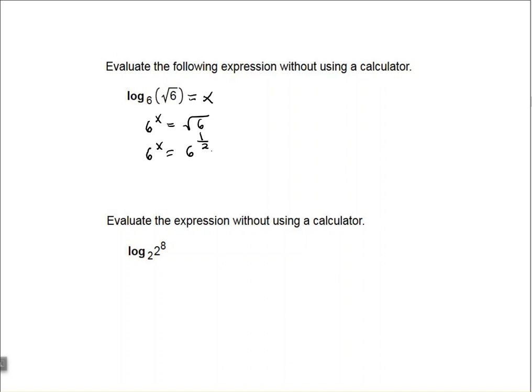Now that I have the same base, that means the exponents are equal to each other. X equals 1/2, or log base 6 of the square root of 6 equals 1/2.